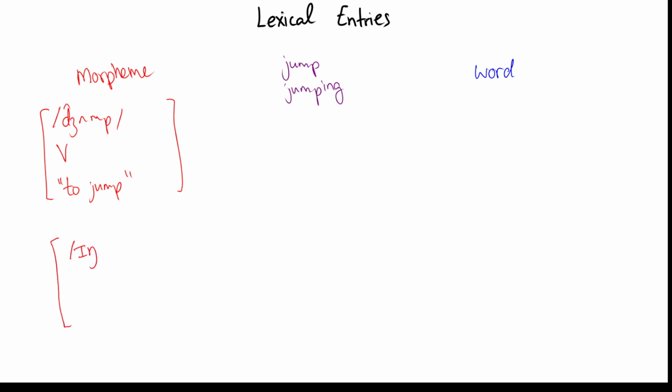So we can say for ing, it's something that attaches to verbs and it has a progressive meaning. And then what we could do is we could take these two lexical entries and we could combine them together and form a tree. So we have jump, we have ing, jump is a verb, ing is an affix. They form together to make jumping.